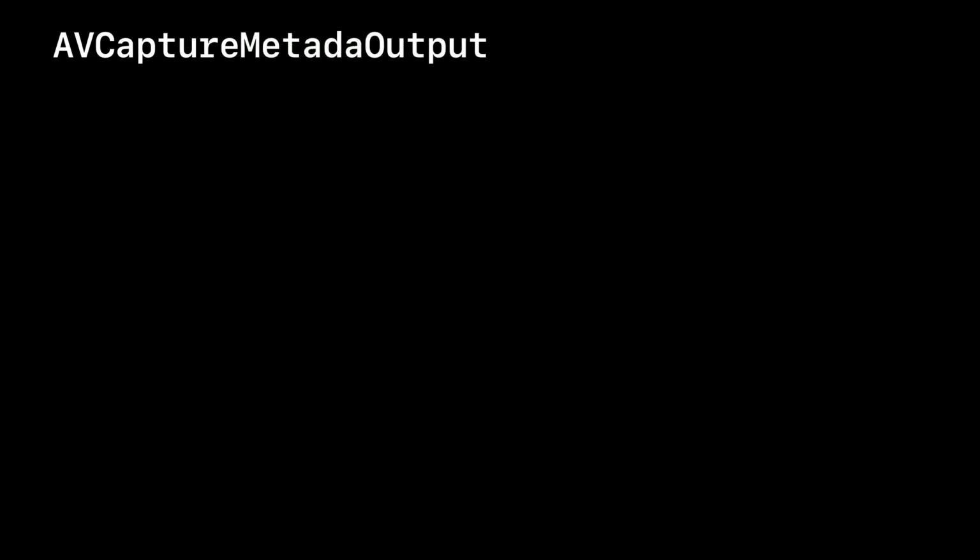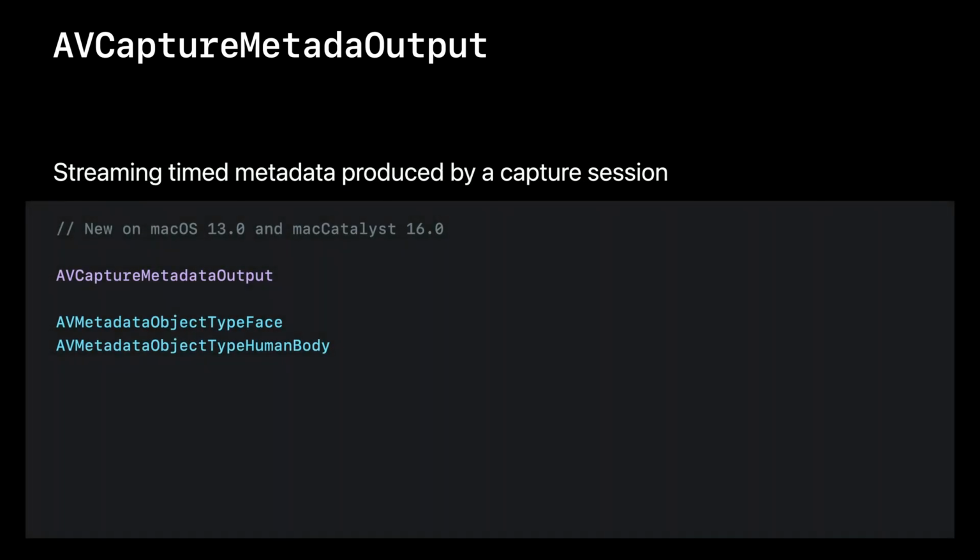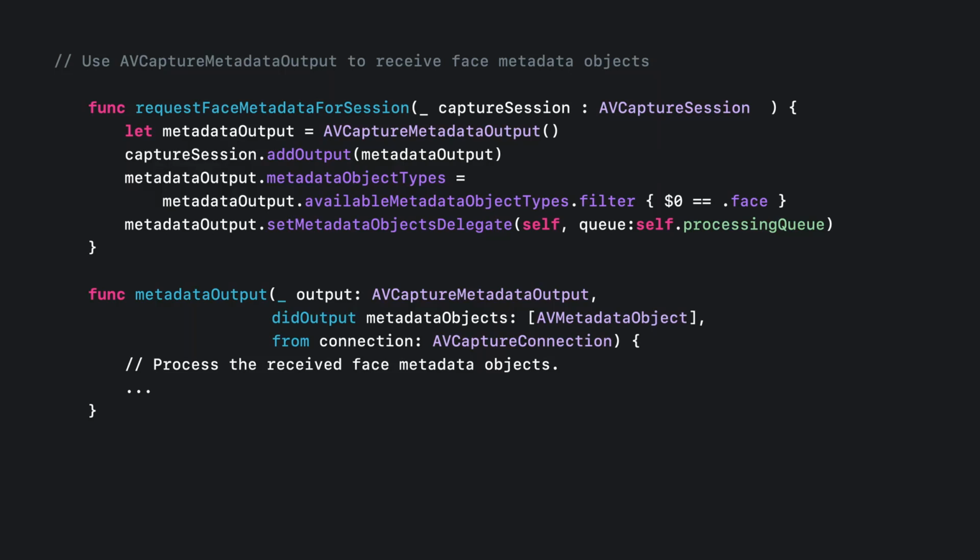We are also making AV Capture metadata output available on macOS to allow processing timed metadata produced by a capture session. You can now stream face metadata objects and human body metadata objects from iPhone. Let's go through how to set up a session to receive face metadata objects. After setting up the session with proper video input and output, you will need to create an AV Capture metadata output and call add output to add it to the session.